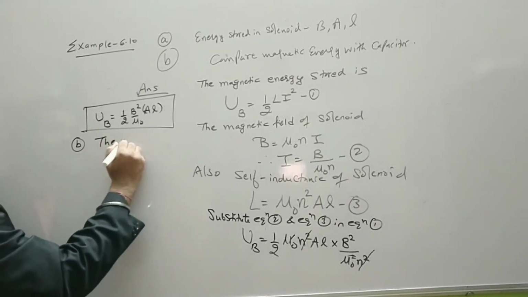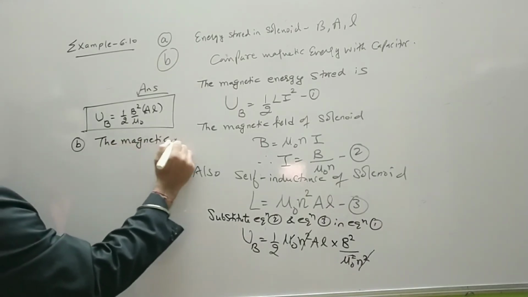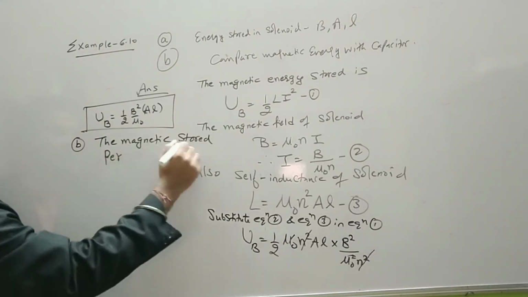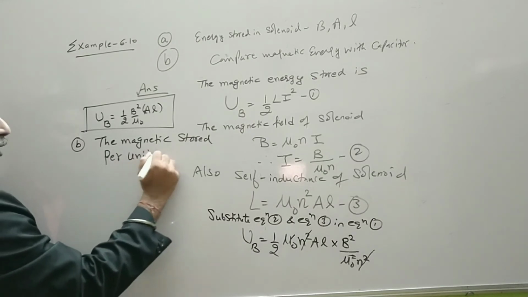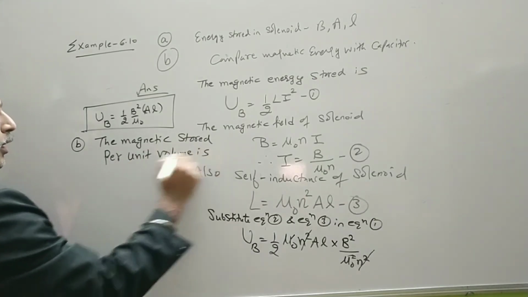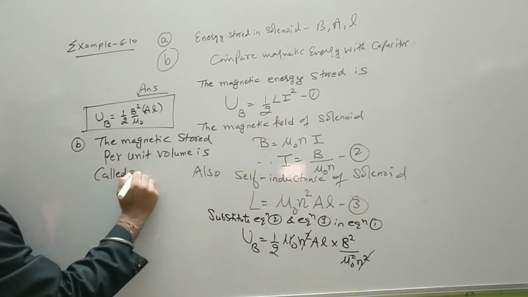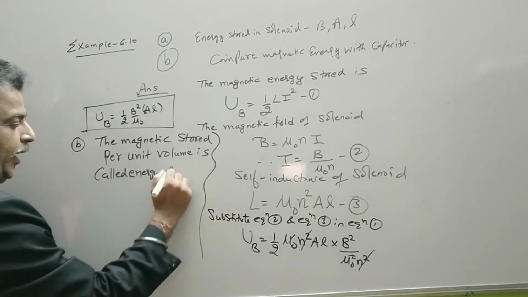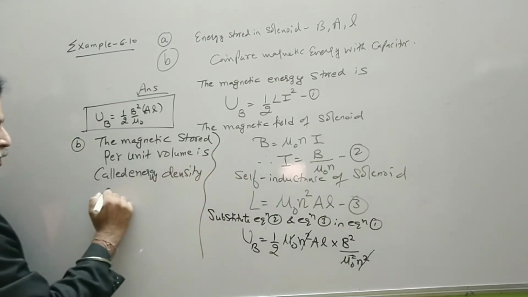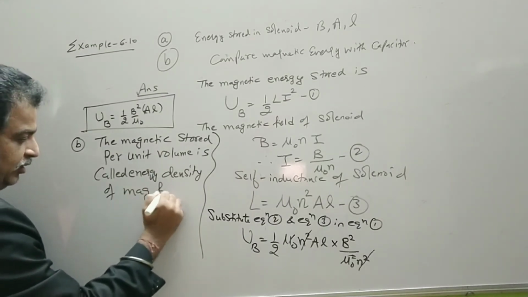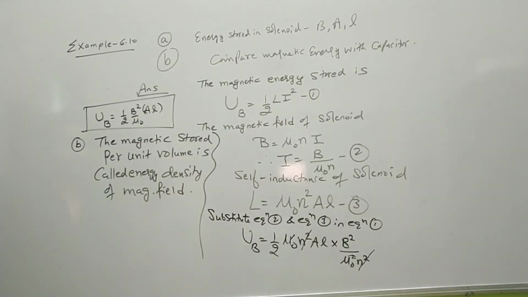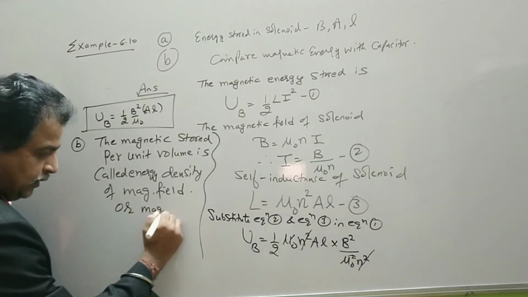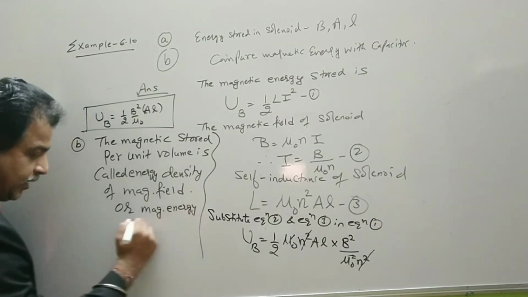The magnetic energy stored per unit volume is called the energy density of a magnetic field, or simply magnetic energy density.